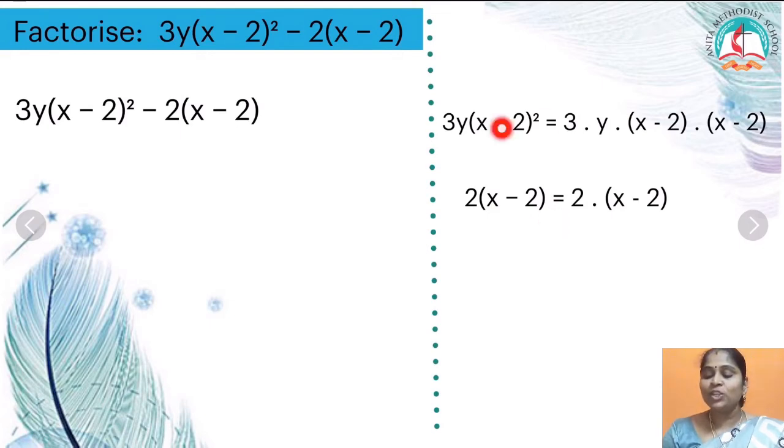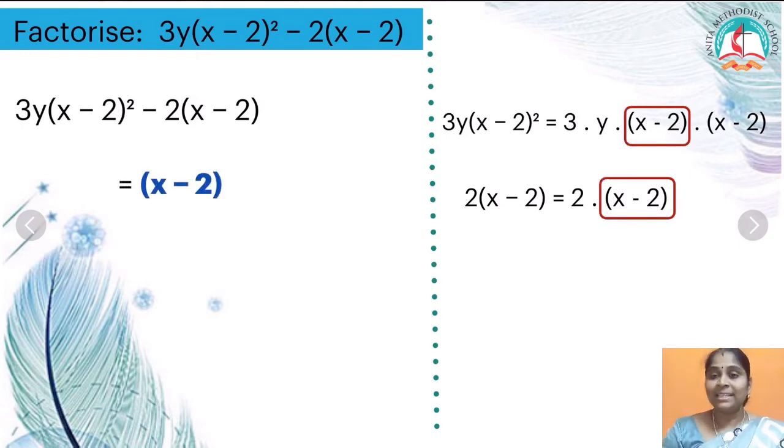Look at these 2 terms. What factors are common in these 2 terms? Yes, we have (x minus 2) common for these 2 terms. So now (x minus 2) is common. What is remaining in the first term? 3y into (x minus 2).